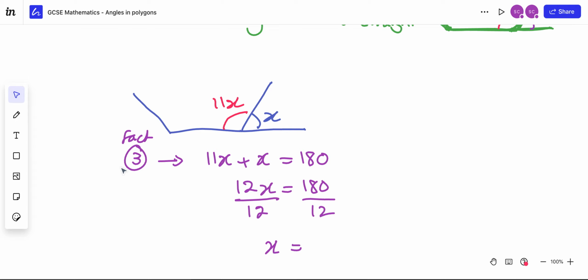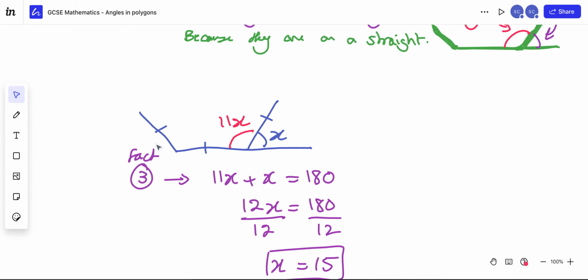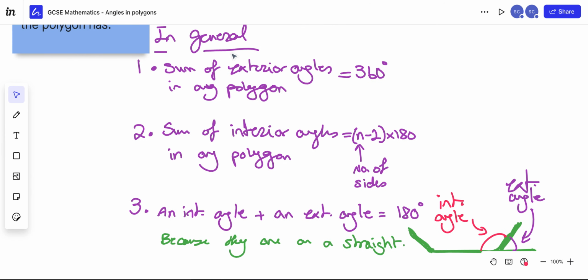This is very useful information: the size of one exterior angle is 15 degrees. Now, since this is a regular polygon, all the sides are equal and all the angles are equal, so we can use fact number 1 to find the number of sides.